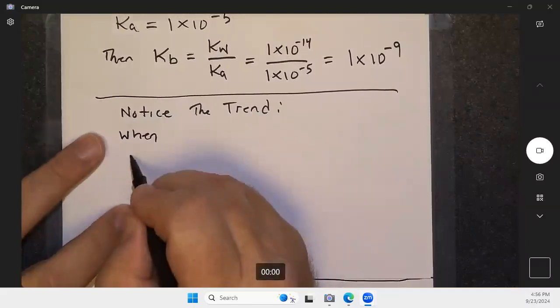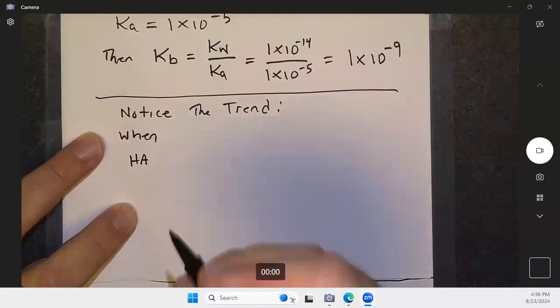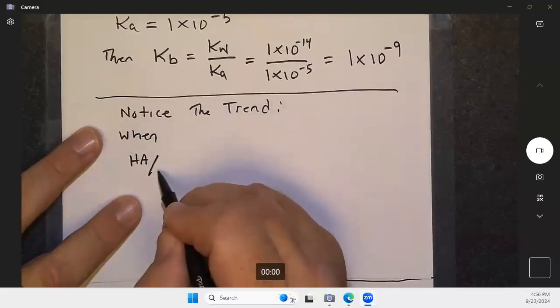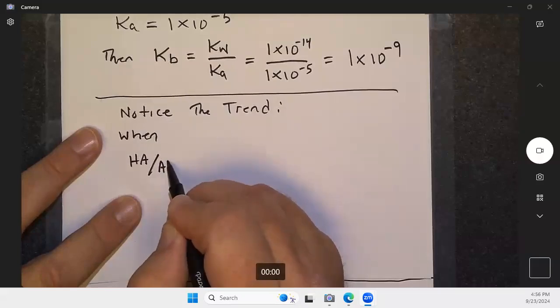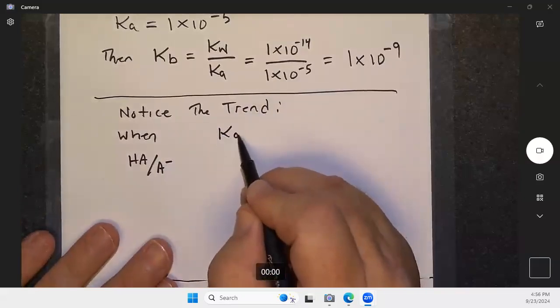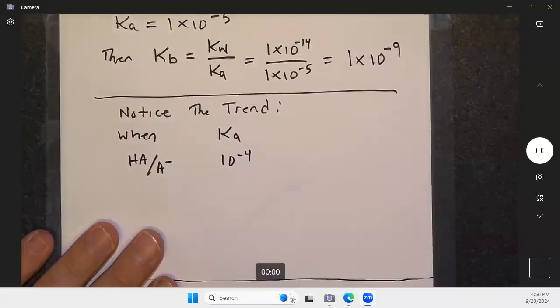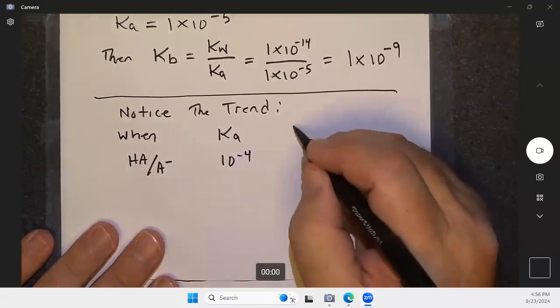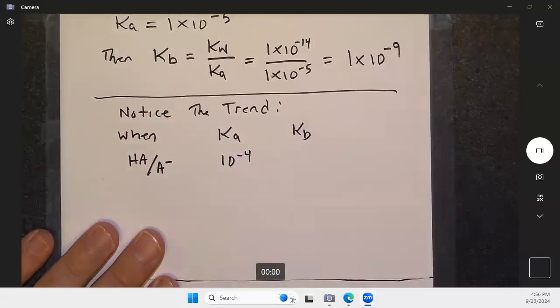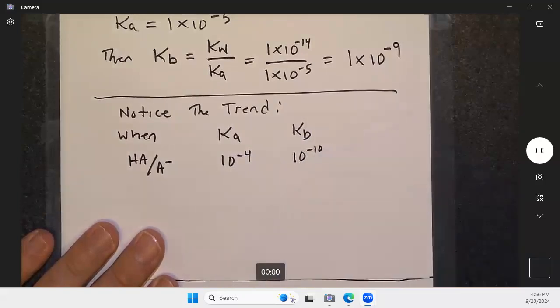When we have a conjugate acid-base pair, HA and A minus, when Ka is 10 to the minus 4, notice that Kb was 10 to the minus 10.